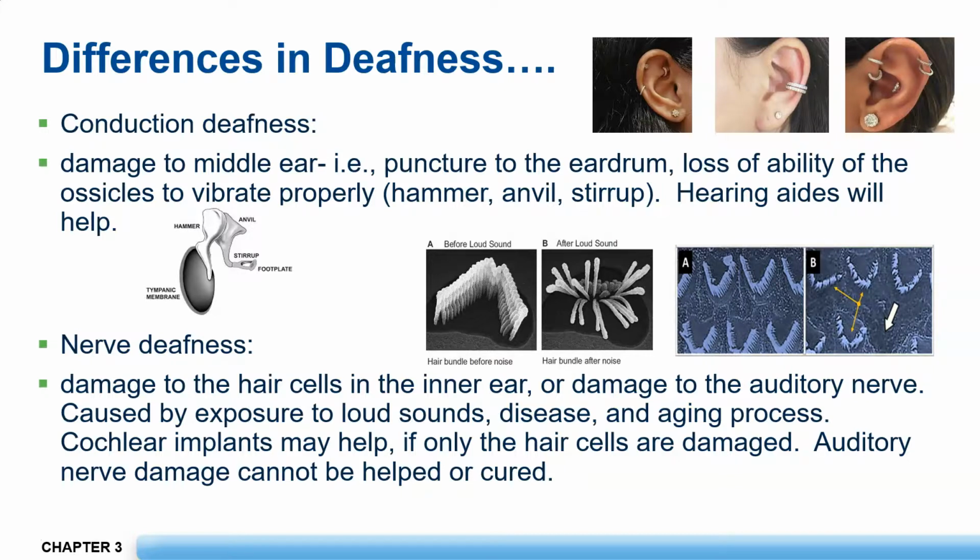But it cannot be helped or cured if it's the nerve damage, so it actually takes that information to the brain. And again, usually with cochlear implants, it's more for individuals that suffered from a disease earlier on in life, and so they get a cochlear implant, a fake cochlea.